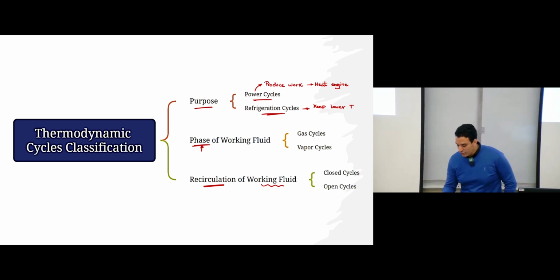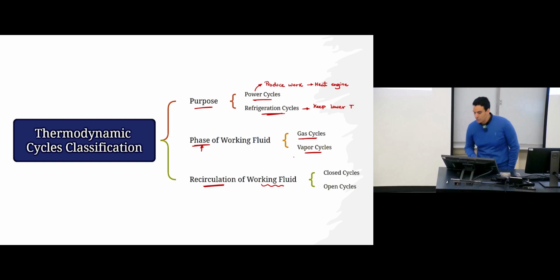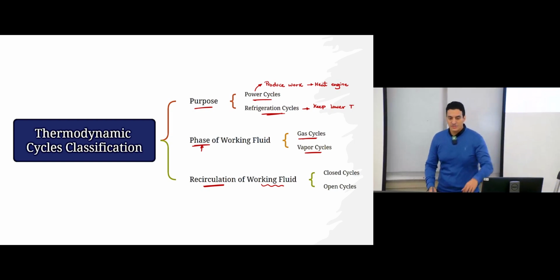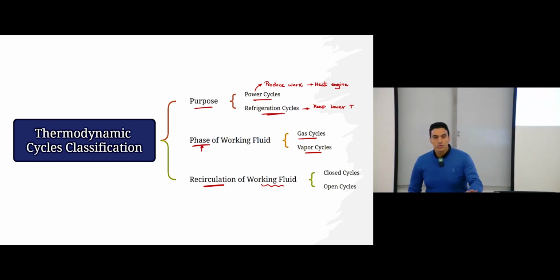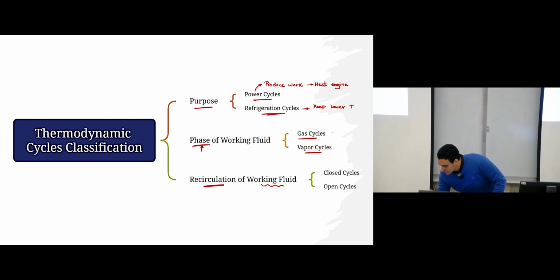We can also classify the cycles based on the phase into gas cycles and vapor cycles. What is the difference between them? If the working fluid is gas and remains gas with no phase change in the whole cycle, this is called a gas cycle.